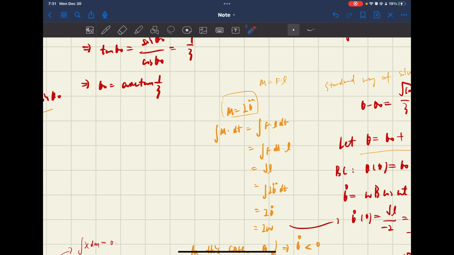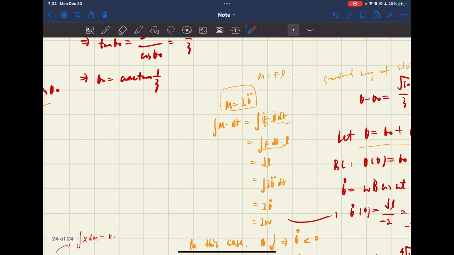That's common sense. After we break M apart into F and L, we discover that F and dt come together and become J itself, and L remains the same. It becomes JL, and then we break M apart using this equation. We'll get I times the second derivative of theta times dt.